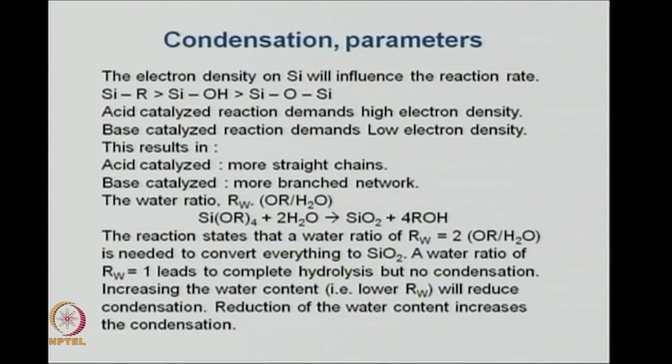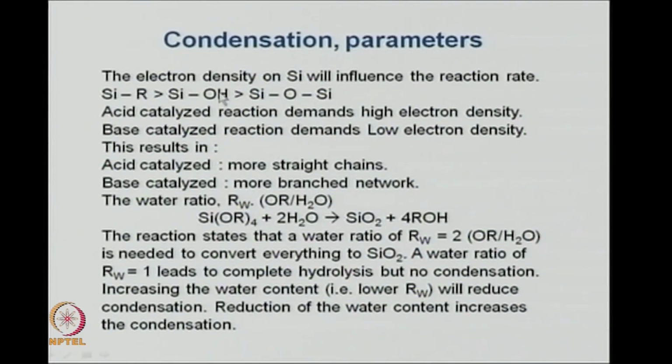The other parameters, like electron density on the silicon, will influence the rate of condensation. The electron density on the silicon will depend on what groups are attached to silicon, whether you have an alkyl group, which is an electron donating group. So, you will have more electron density if it is attached to an alkyl group.